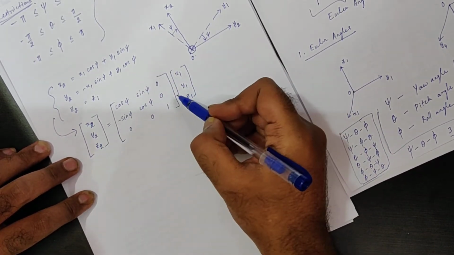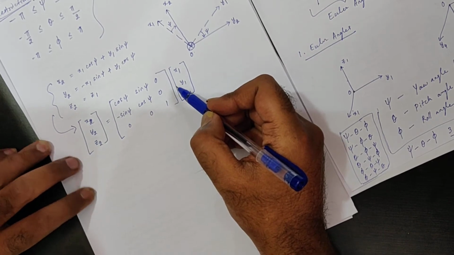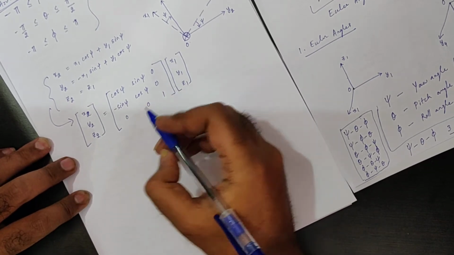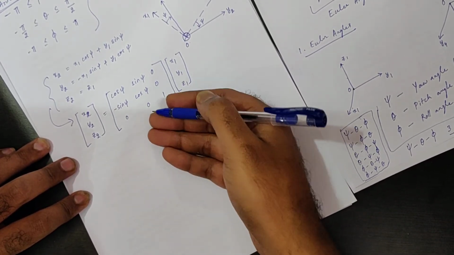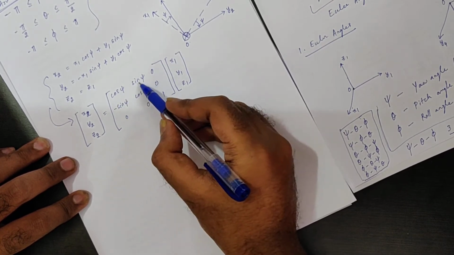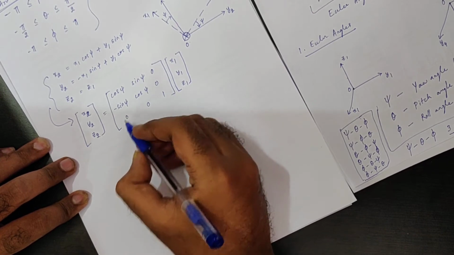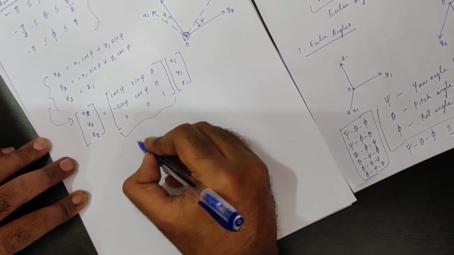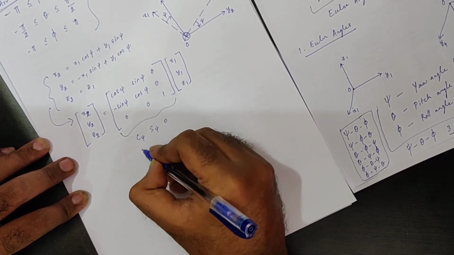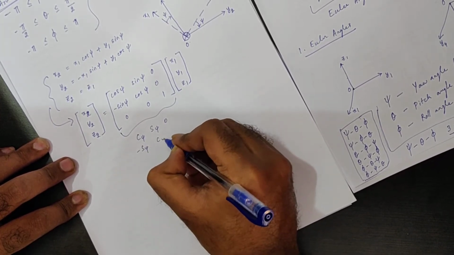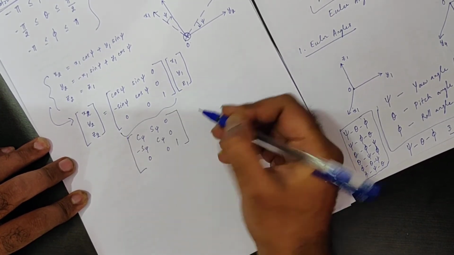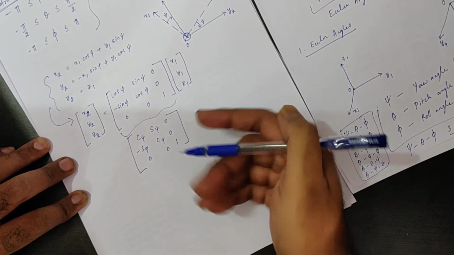So this matrix representation gives us a more compact formulation, and we will see how we can do that. First of all, to avoid writing these cos and sin terms again and again, we can write this matrix as C psi, S psi, 0, minus S psi, C psi, 0, 0 0 1. So this is more compact than this one, right?